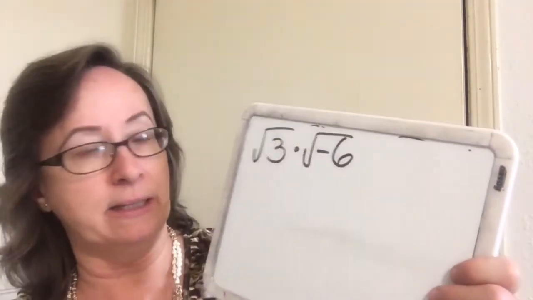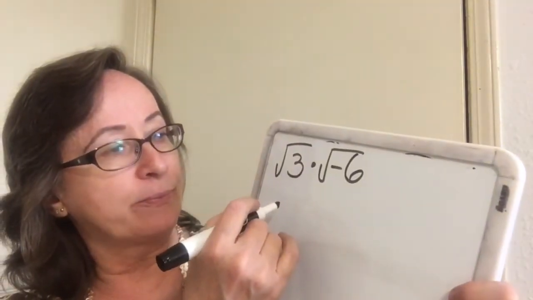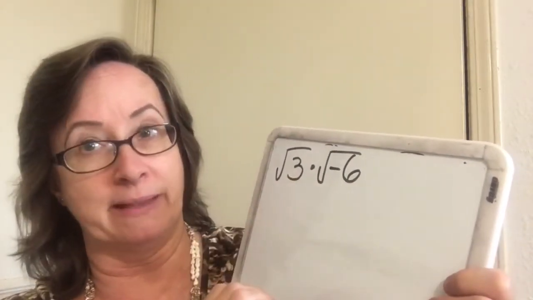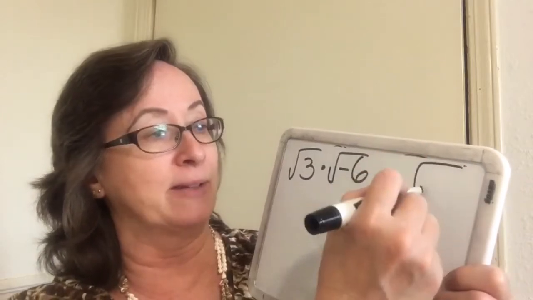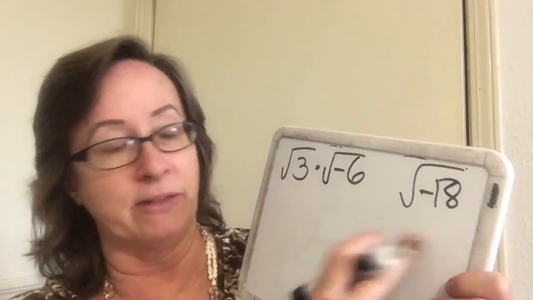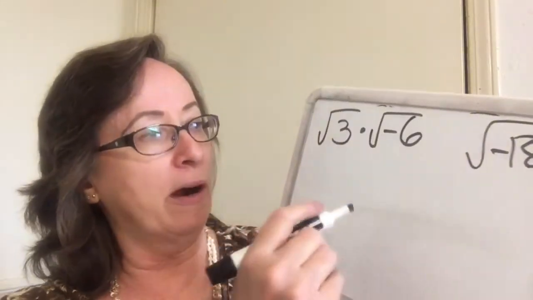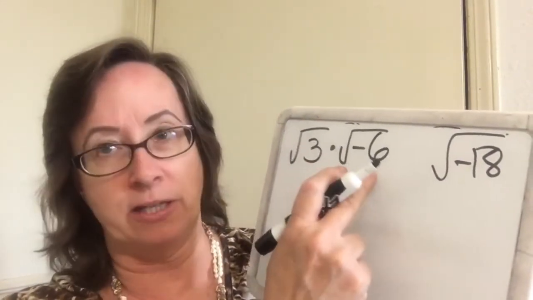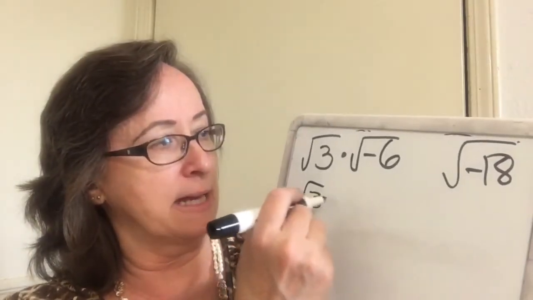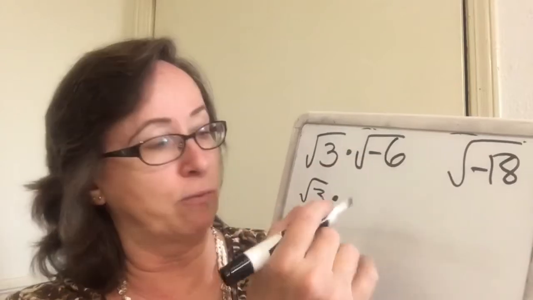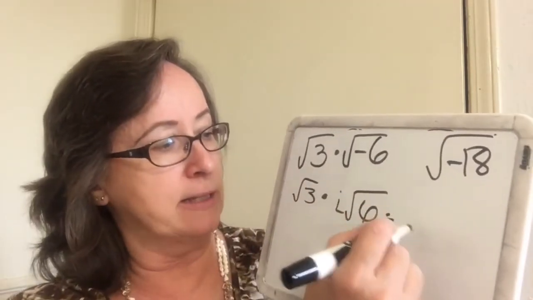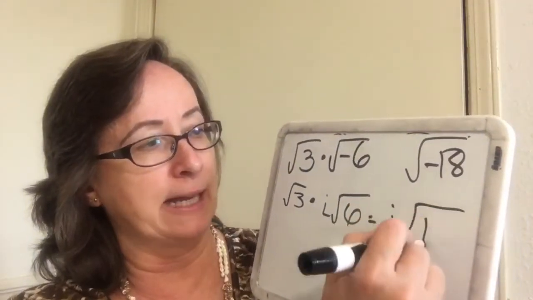All right, so on this one, I would actually get the right answer if I went ahead and multiplied them together, because I would get the square root of a negative 18, and then I would have to simplify that, and it would have an i in it. Or I can go ahead and turn this one into an i. I'd say square root of 3 times the square root of negative 1 is going to pull out, and then I'll just have the square root of 6, which is i square root of 18.